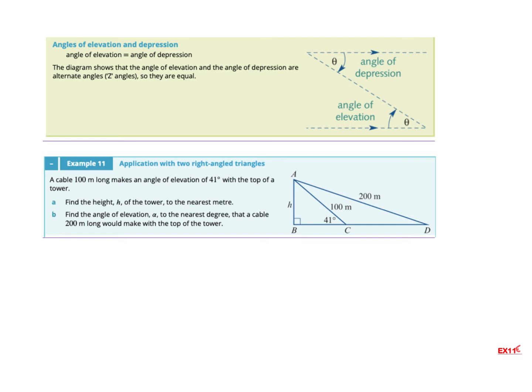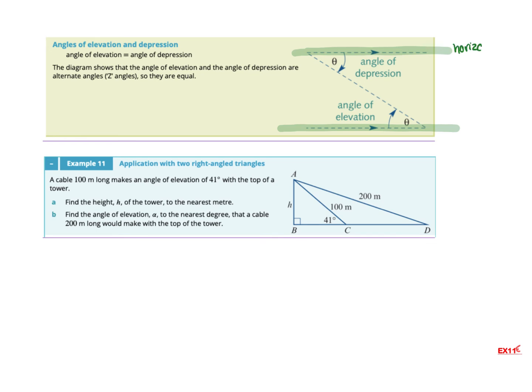So what we can also say is that the angle of depression in a scenario equals the angle of elevation. What we mean by that is, here's our horizontal line for depression, and here's our horizontal line for elevation.